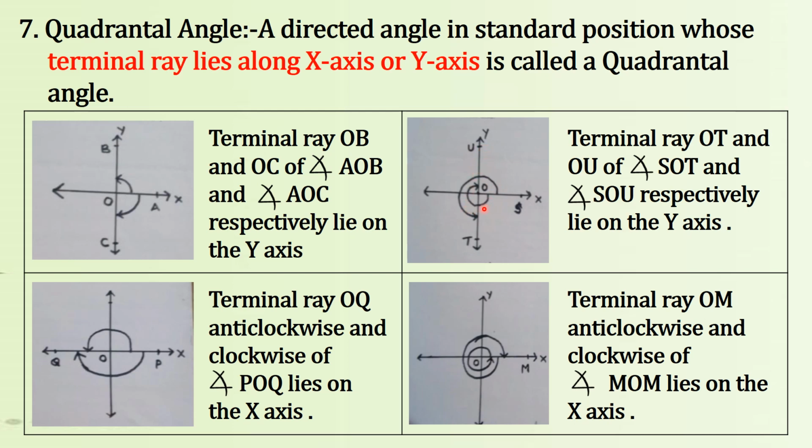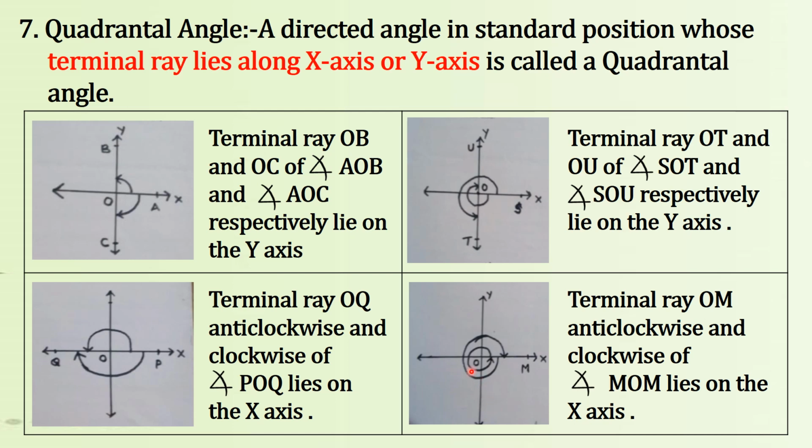So in both these cases, look at the terminal ray: the terminal arm OT in the first case is along the y-axis, or we can say the negative direction of y-axis, and OU of angle SOU, the terminal ray OU, lies on the y-axis. So again these two angles are quadrantal angles.